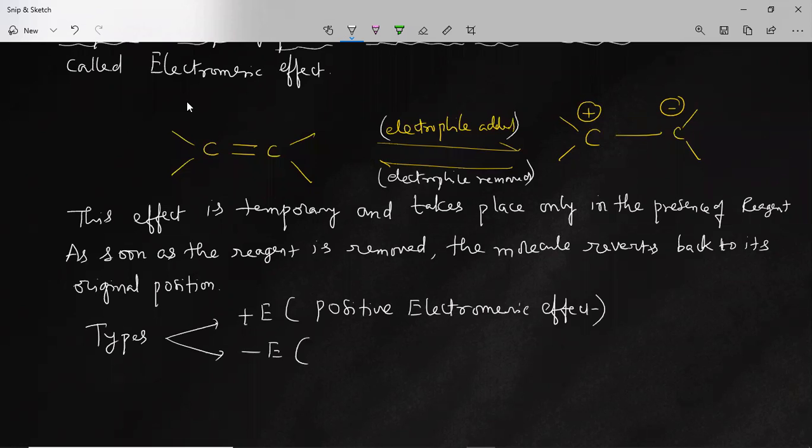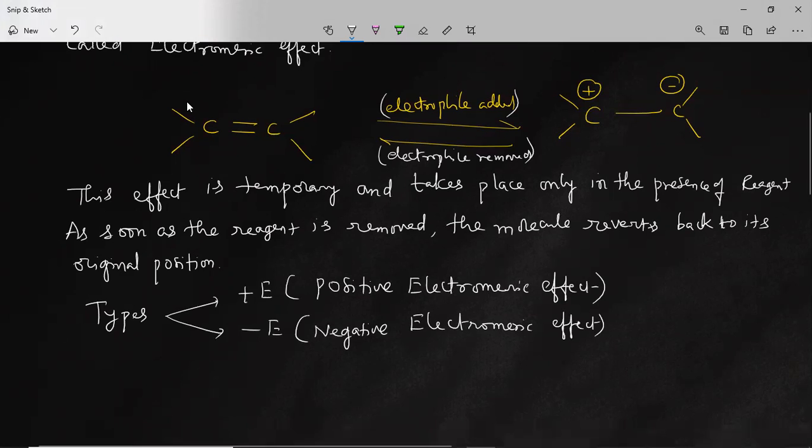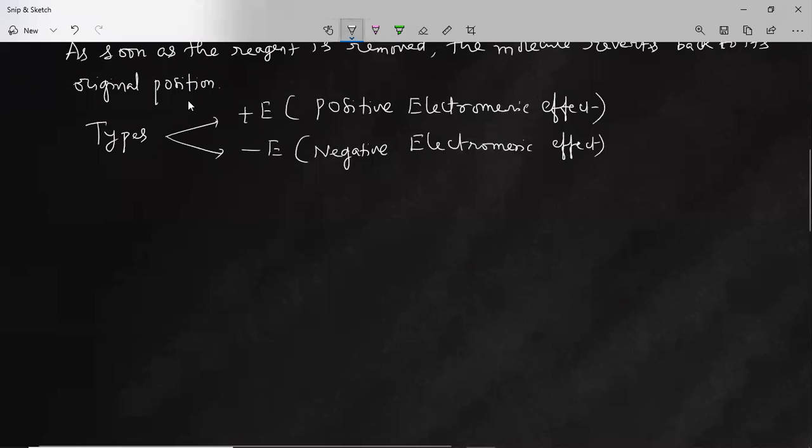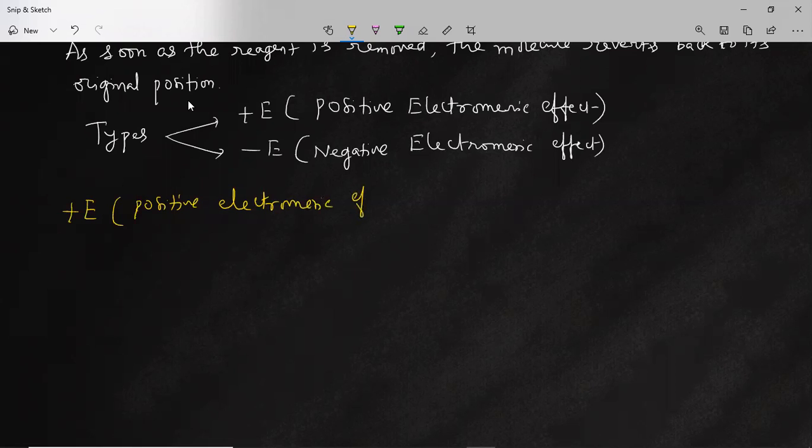Minus E stands for, in this discussion, negative electromeric effect. Now let us see the first one, that is positive electromeric effect.